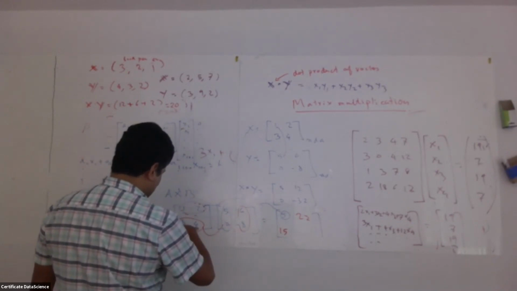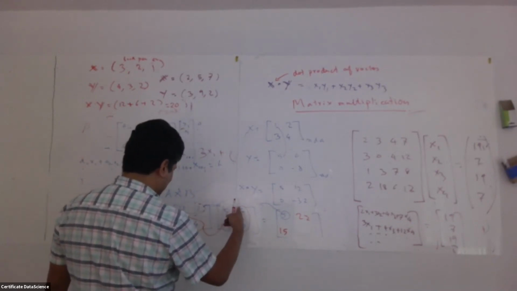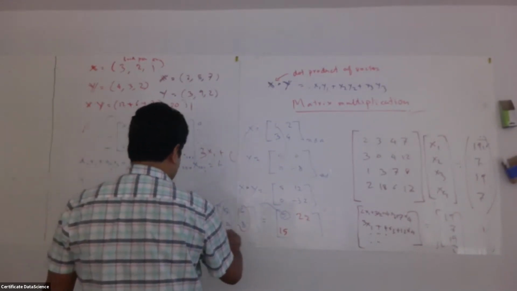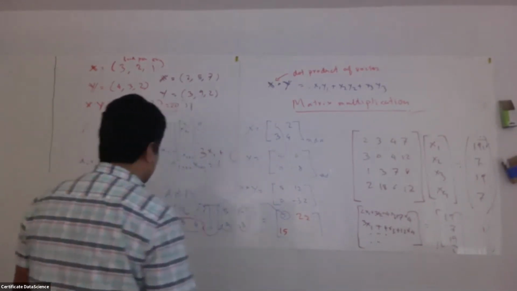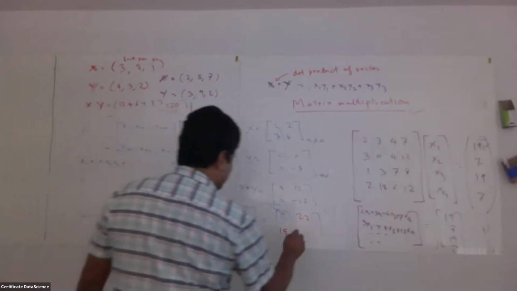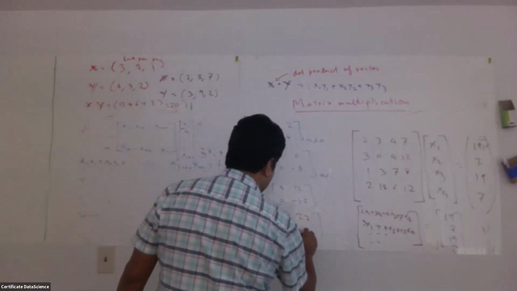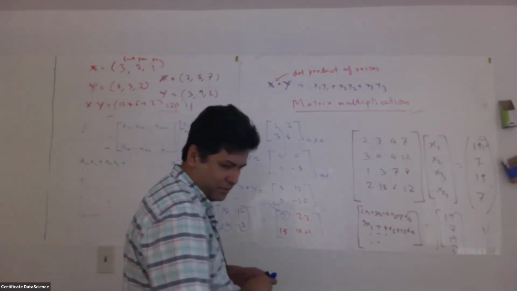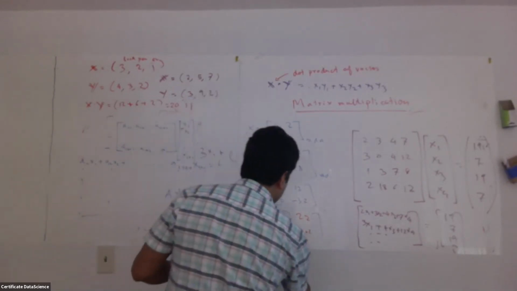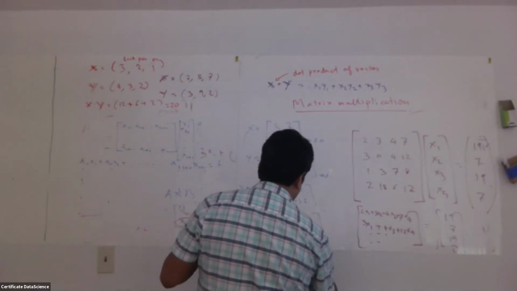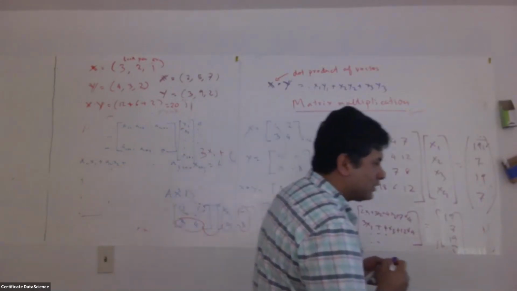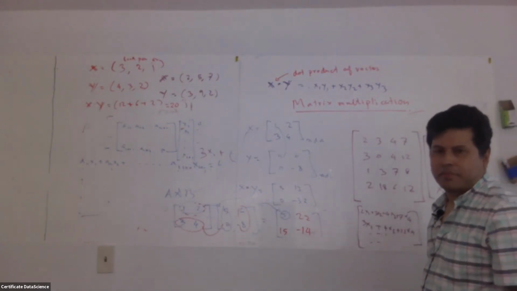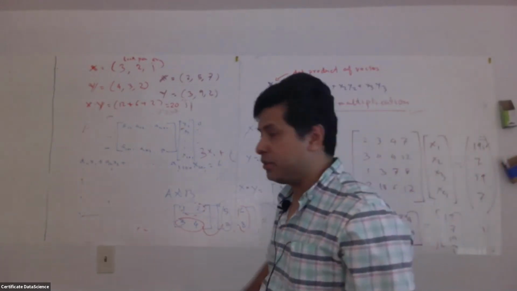What about the last one? 3 times 6 is 18, minus 32, so 18 minus 32 is minus 14. That's how we get minus 14 there.